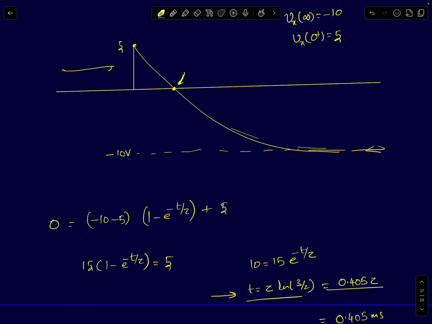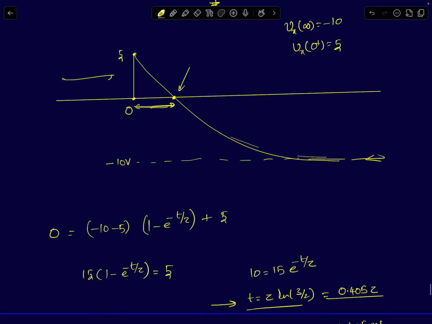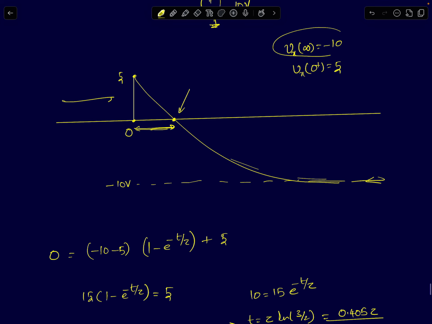So the on time of the pulse is given by the time at which the node voltage Vx goes to 0. Assuming the step arrives at t equal to 0, the initial voltage is Vx of 0 equal to 5 and the final voltage is Vx of infinity equal to minus 10.